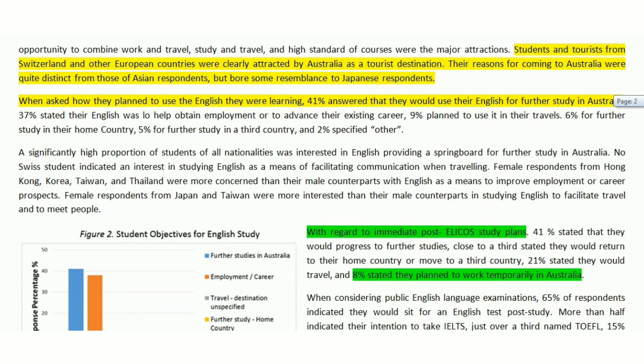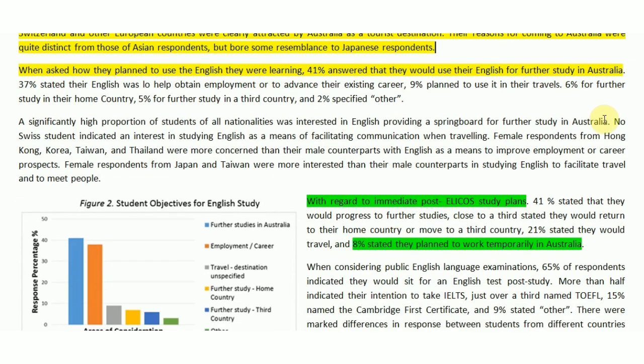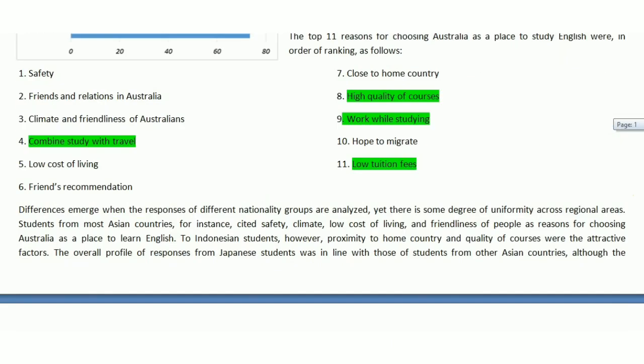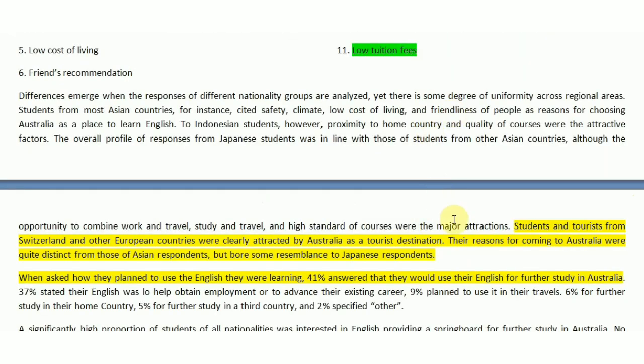Now let's see where they are using gender as a criterion. Yes, here they are using gender, like female respondents, and then male counterparts. So they are using male and female in this paragraph, and nation and country in this paragraph. So gender and nationality, these are the two criteria which are used.